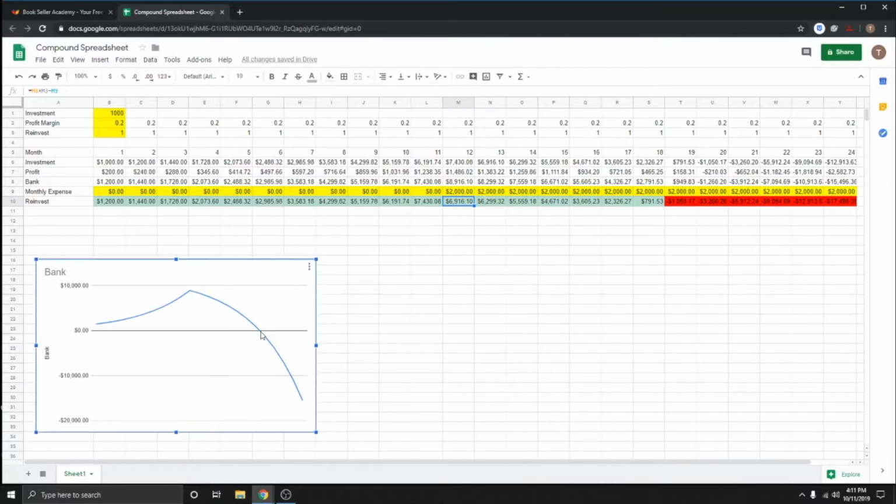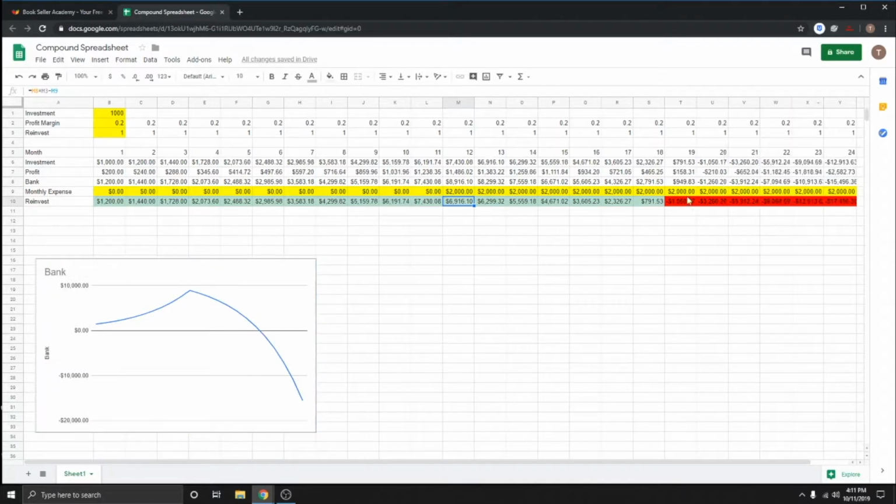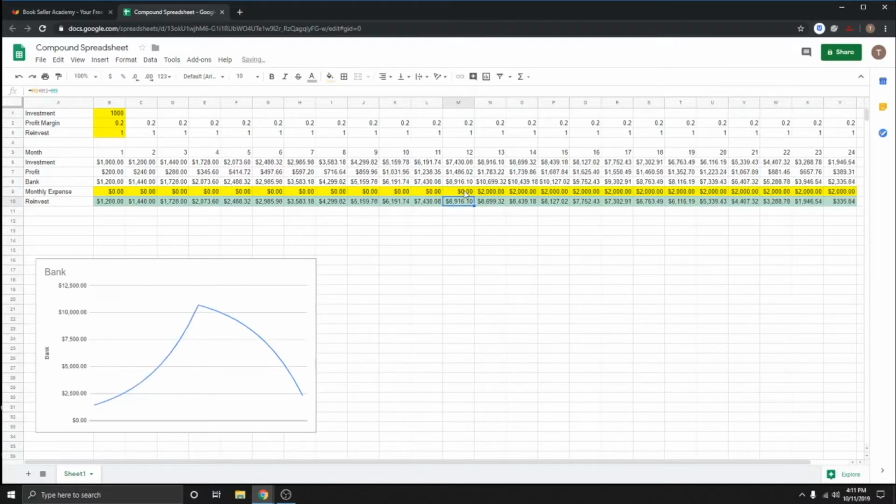This is where your business dies at this point, right? You could see it. It's right here on the 20th month. You start going negative just by taking out money a little earlier than you should, when you should really be reinvesting that money back into your business.